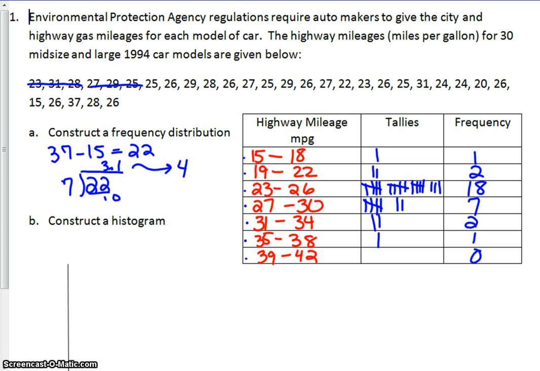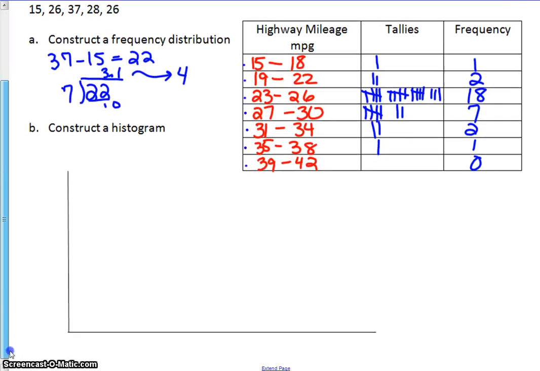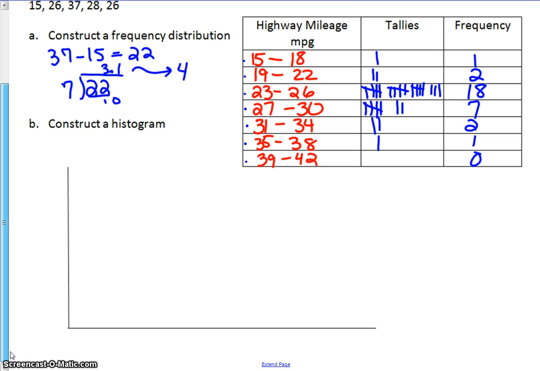So then the next idea is I need to take that information and make a histogram from it. Along the bottom of my histogram, I'm going to start here at 15. You don't have to start at 0. The next one is anything between 15 but not quite 19. So now I go up by 4s.